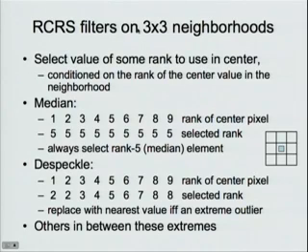The despeckle filter in most cases doesn't change the pixel value. If the rank of the pixel in the center is anywhere from 2 through 8 out of the 1 through 9, you just leave it alone. But if it's rank 1, you replace it with the rank 2 value, and if it's rank 9, you replace it by the rank 8 value. So that'll take things that are outliers, and it will move them just enough that they're no longer outside the range of their neighborhood.